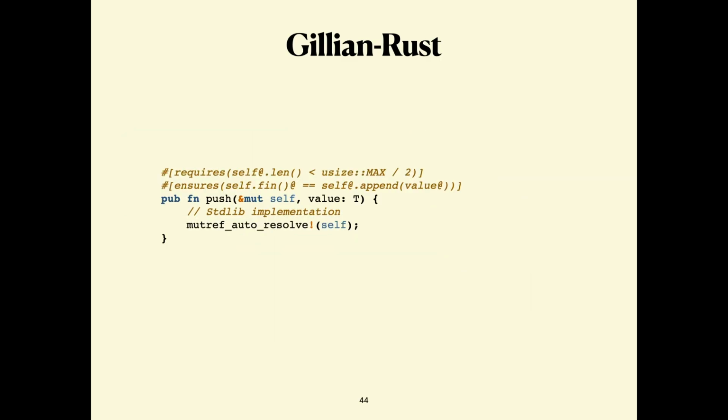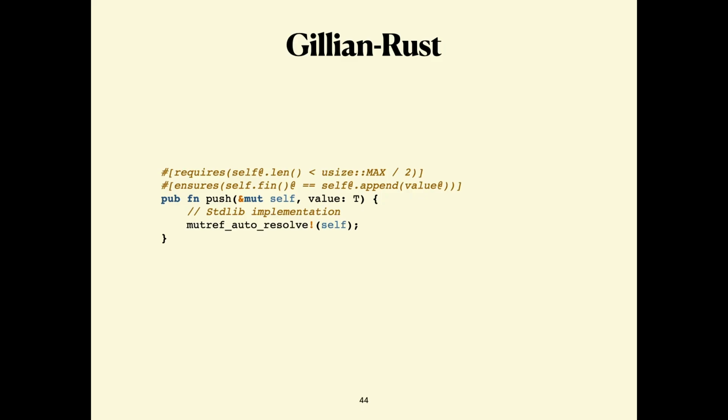And the mechanism that we use to separate these two is the specifications, right? So in Creusot, the example here is Vec push, which is something that we're able to verify with Gillian Rust. We have some function here that has a bunch of unsafe code internally. And in Creusot, we can give this very simple specification, which basically says we require the vector to have at most usize max over 2 elements, or rather isize max, which is a requirement given in the Rust standard library.